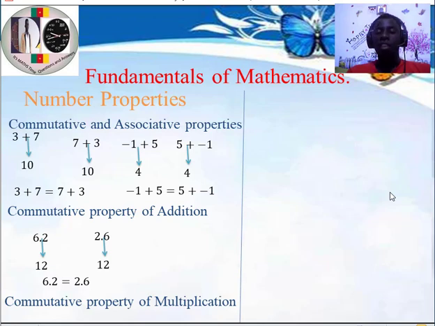So what about the other operations? Are they commutative? Like subtraction? Let's see. When we perform the operation 5 minus 9, what's the result? Minus 4. What if we change the order of the operation and we carry out 9 minus 5? Will it still give us minus 4? No, it will give us 4. Minus 4 is different from 4. So we can conclude that 5 minus 9 is not the same as 9 minus 5.